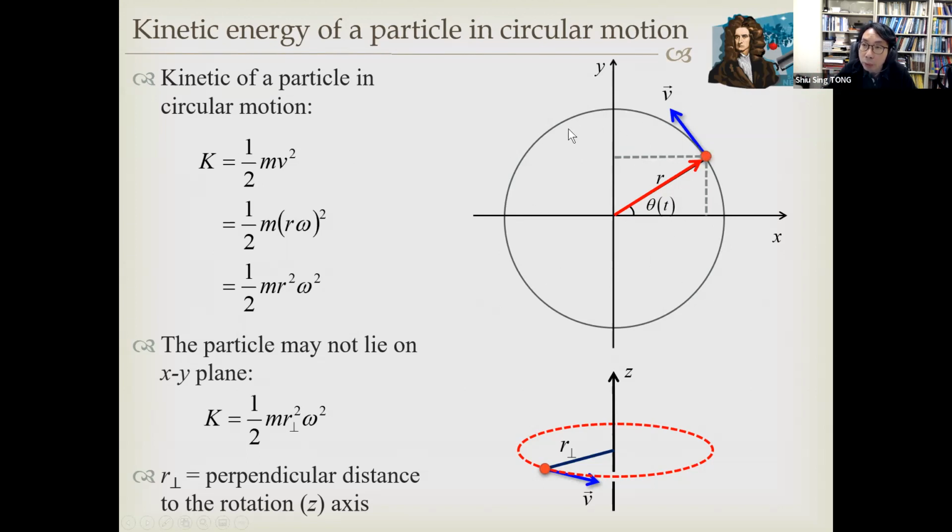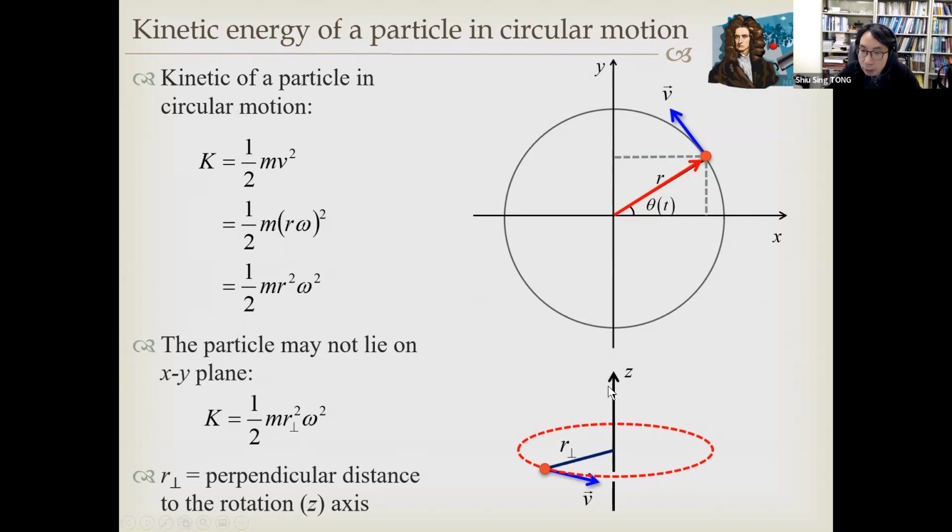The circular motion is in the XY plane of the coordinate system. But for a rigid body with certain height, the rotation of the particles around the axis of rotation may not be confined to the XY plane. So it will be easier for us to deal with that situation by a small change in notation.